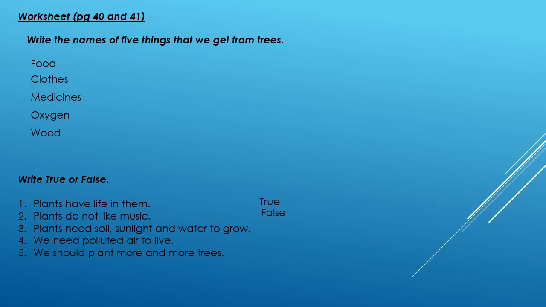Third is, plants need soil, sunlight, and water to grow. It is true. Fourth, we need polluted air to live.